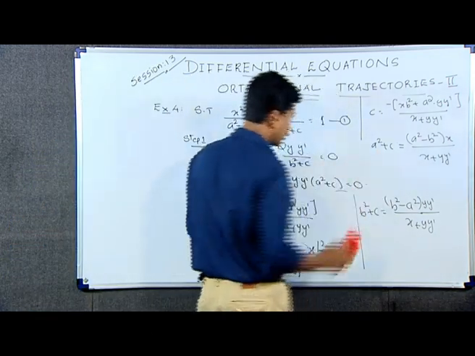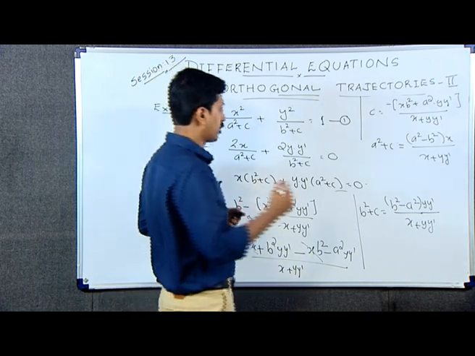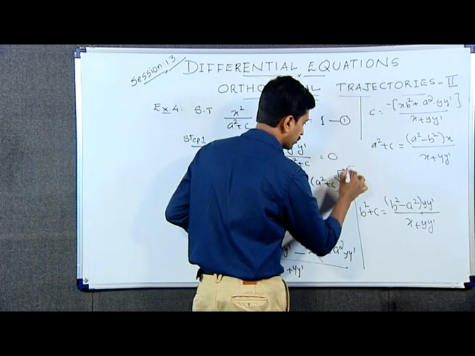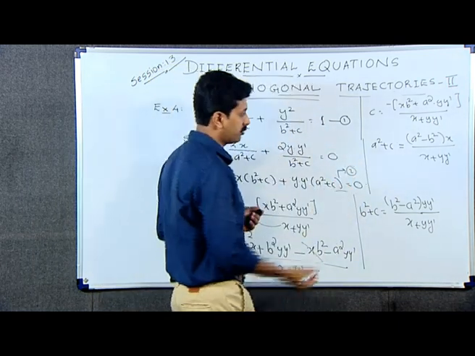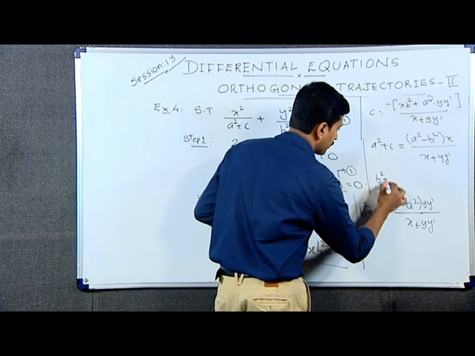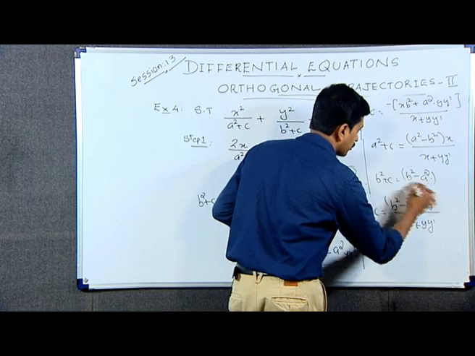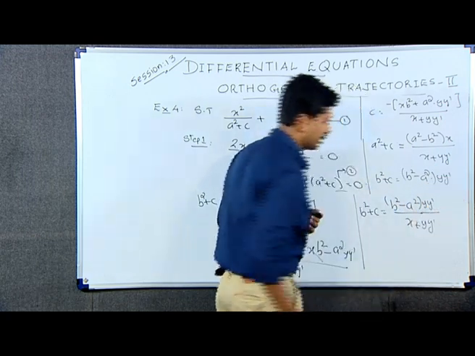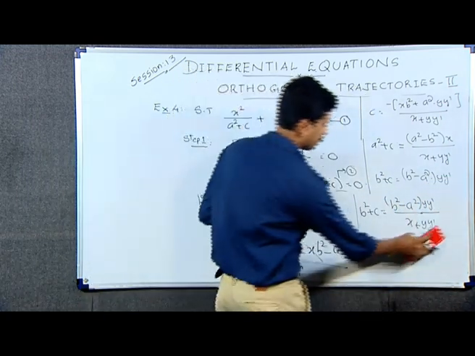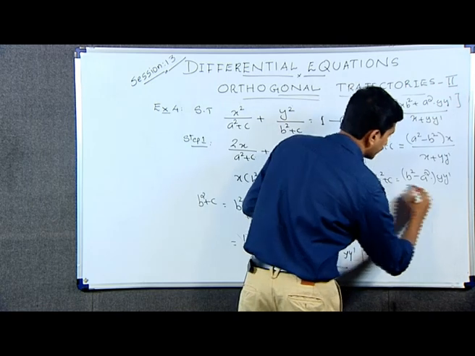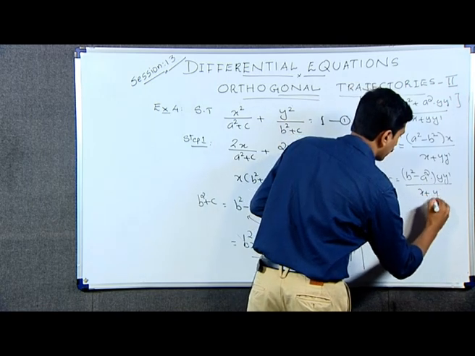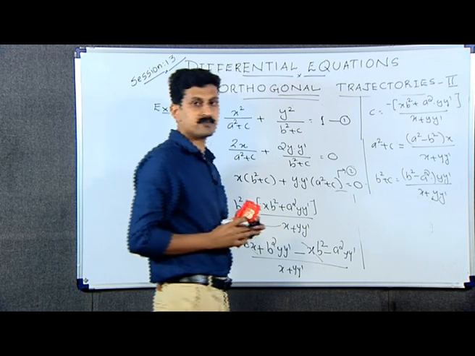I am writing this as equation number 2, that we also have to use: b square plus c is equal to b square minus a square into y y dash divided by x plus y y dash.